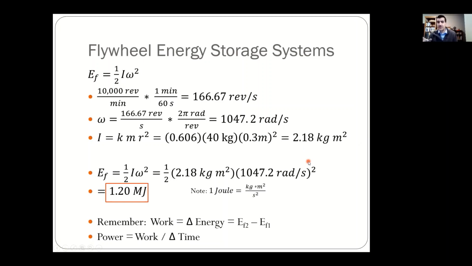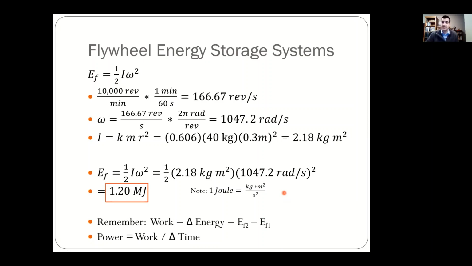I know this is really weird to think about, but radians actually don't really count as a unit. So what you're left with is kilograms times meter squared divided by second squared. And you may not remember this, but if you Google what a joule is, there are several different definitions of a joule.